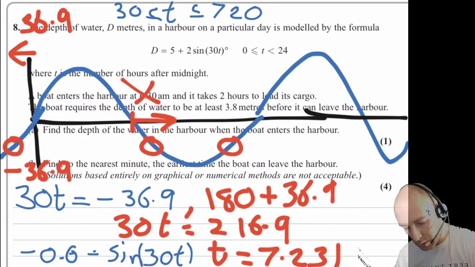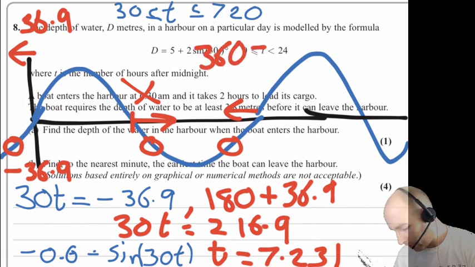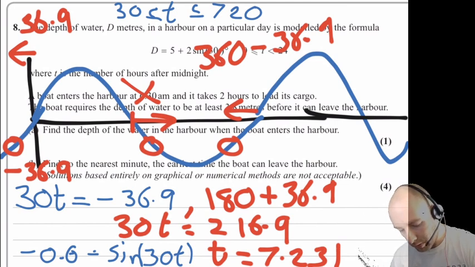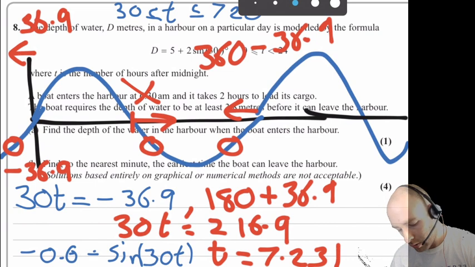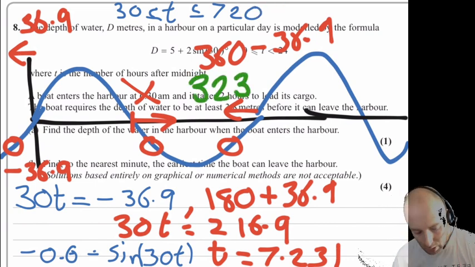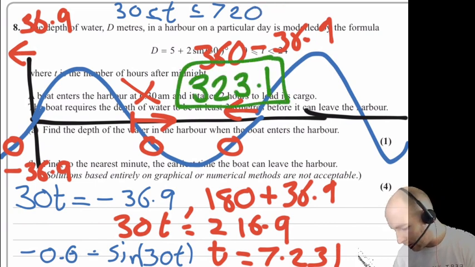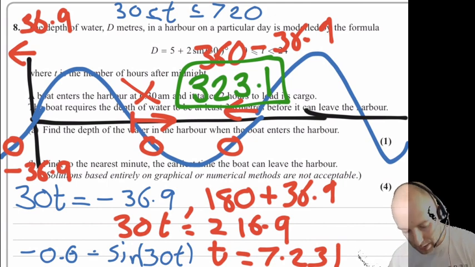So the next one is going to be 360 take 36.9, which is 323.1. So let's try that one. If we divide that by 30, we get 10.77. That sounds a lot better.